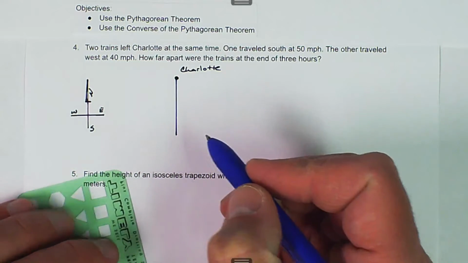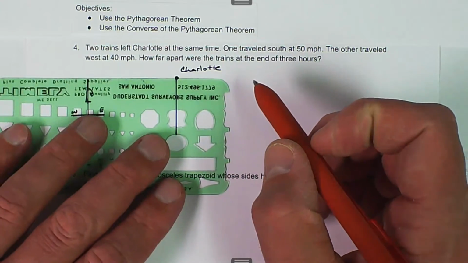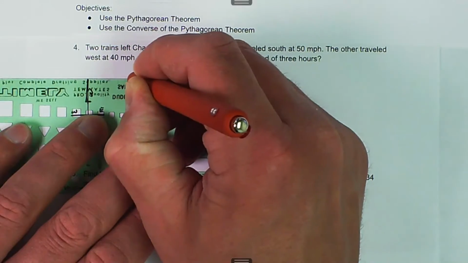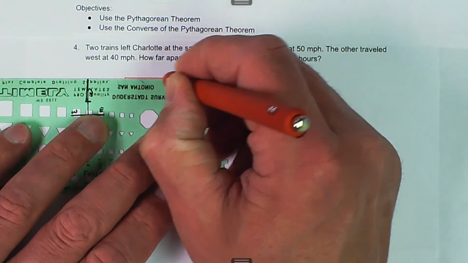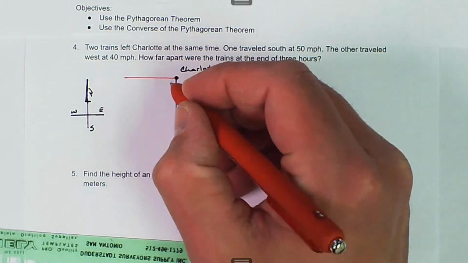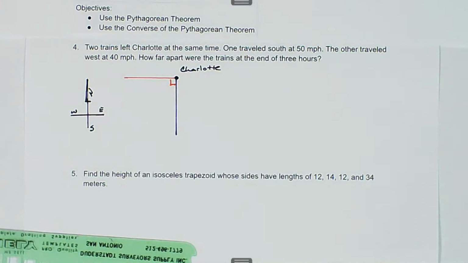And then we have a train that heads directly west. Now, this isn't probably quite 90 degrees, but it's supposed to be 90 degrees.